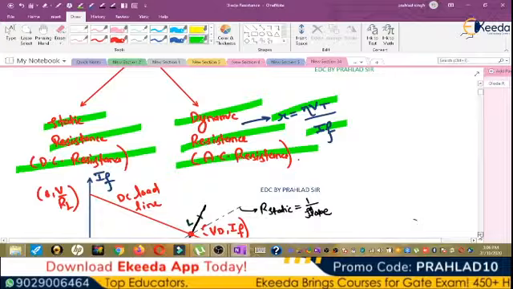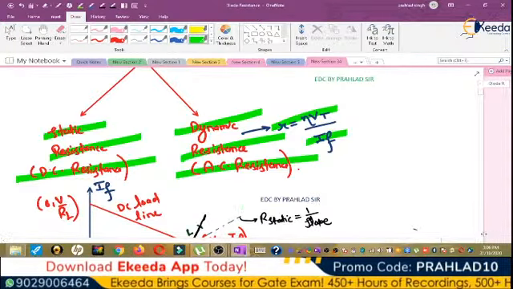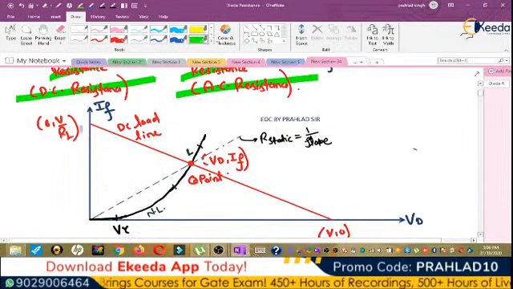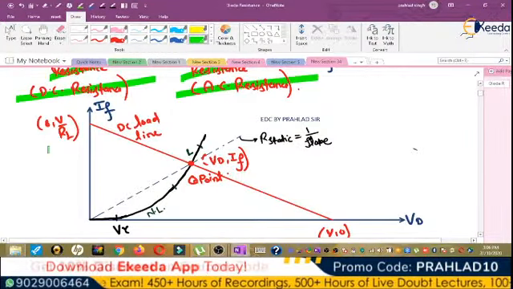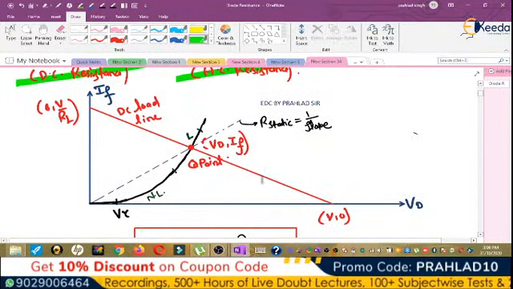When we draw the DC load line of the diode, it meets the axes at 0 comma V by RL and V comma 0.